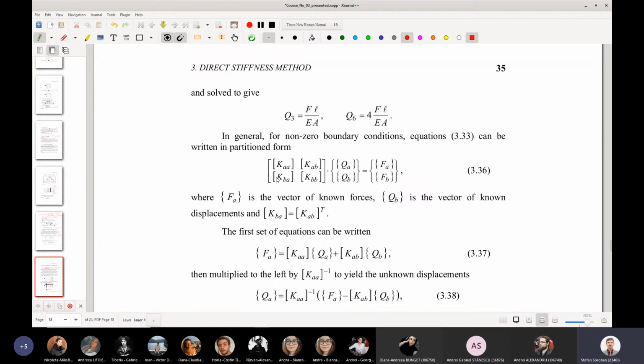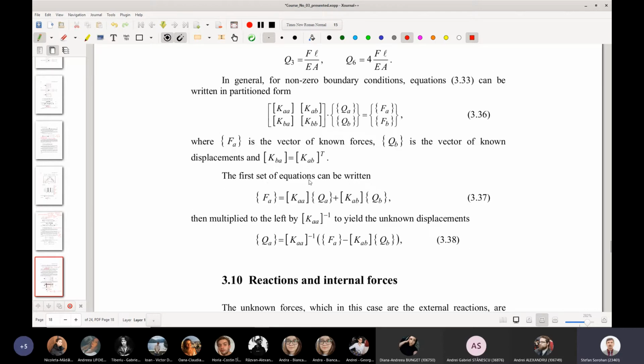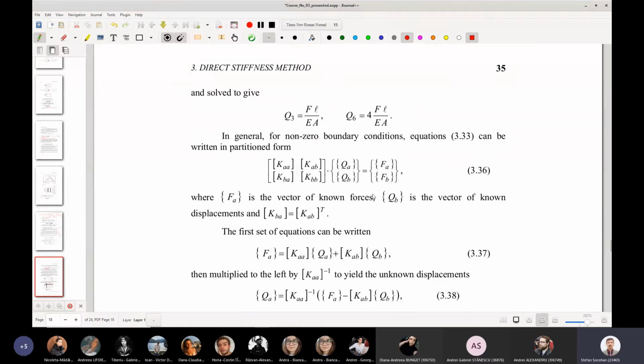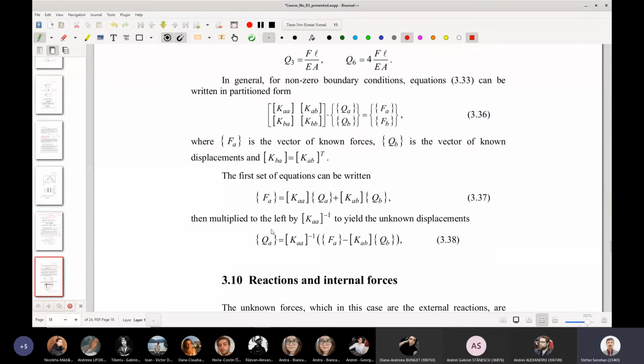And if you rewrite this equation in this form, you can observe that this line times this column is FA. We know these applied forces. From the second part, if we know this term, we can obtain FB, the reactions. So generally in the theory, if we obtain the displacements, we know this one because they are 0, and we can obtain later the reaction forces FB.